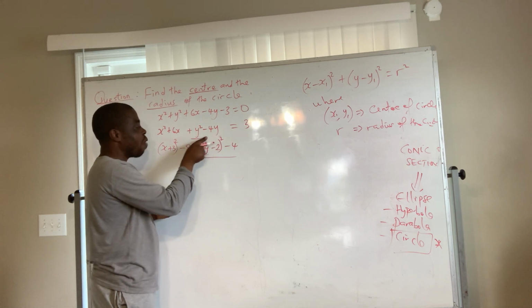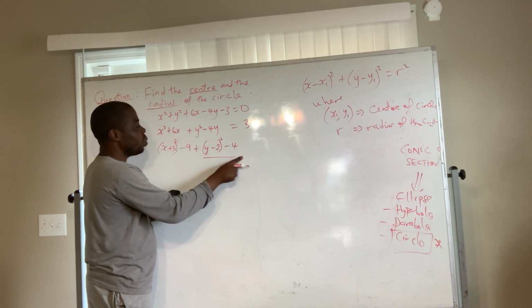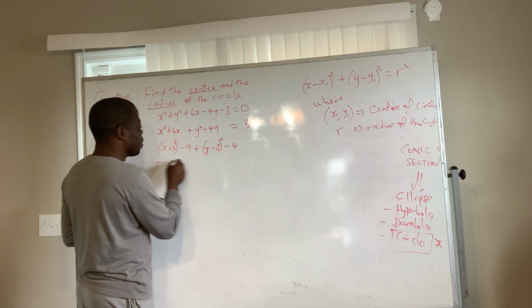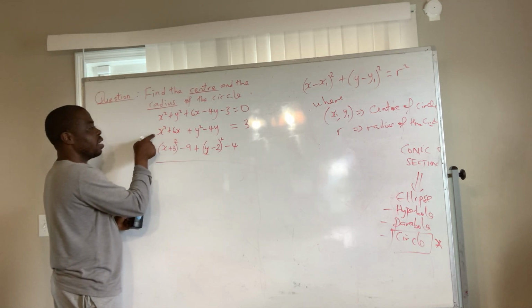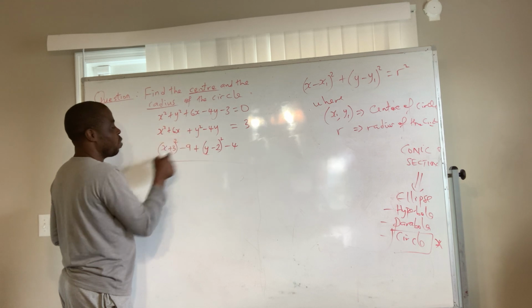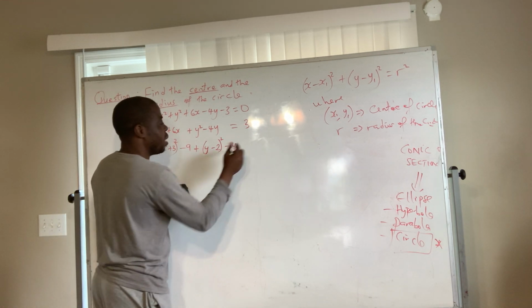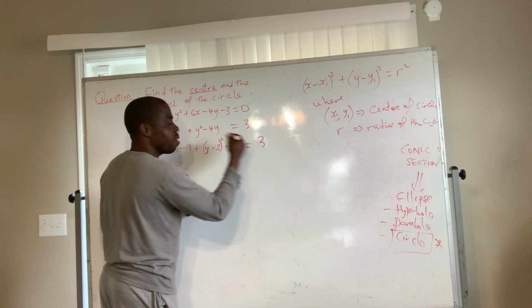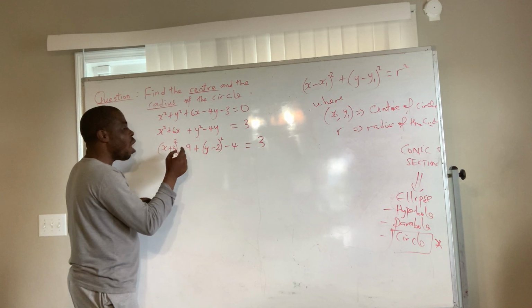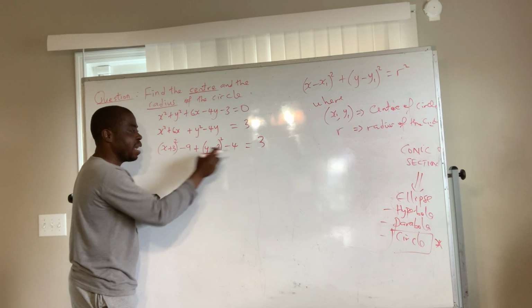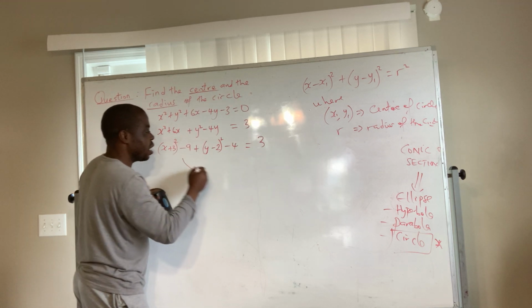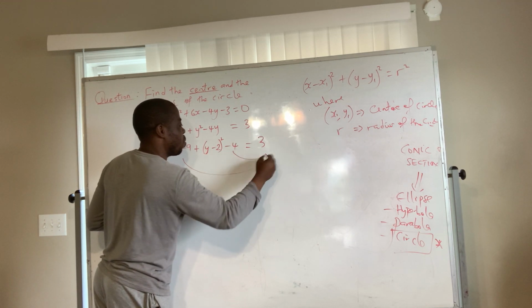Okay? So perfect. What I have at the left side here, 1, 2, 3, 4, and everything here is the same. And then equals my 3, right? I can transfer the negative 9 and negative 4 to the right side. Both of them to the right side.